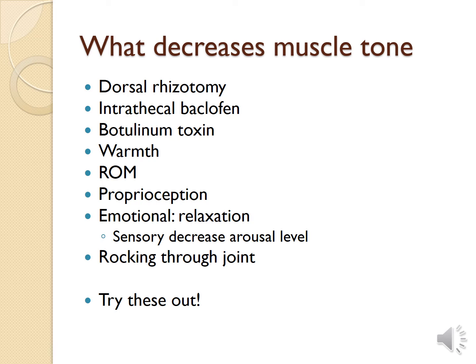Another one that is used often is botulinum toxin, Botox. Botox is, as everybody knows, used for wrinkle treatments. What it does is it paralyzes, it's a paralytic. So it paralyzes the muscles. When it's in the face, it paralyzes the facial muscles so that you don't create wrinkles, or so that wrinkles aren't visible.